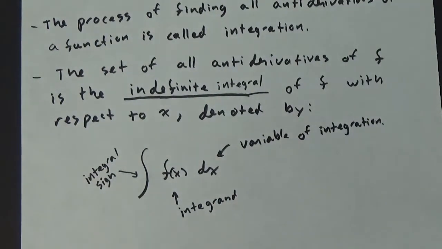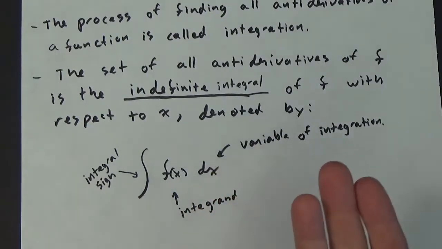What we're doing in this video for this unit is looking for the indefinite integral. To indicate that we want to find the antiderivative, we put this integral sign in front of a function, and then we put this dx.